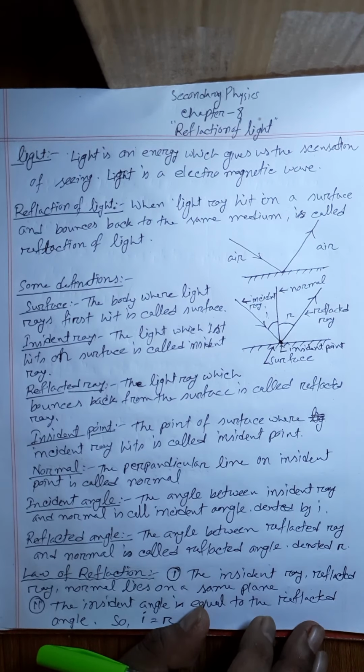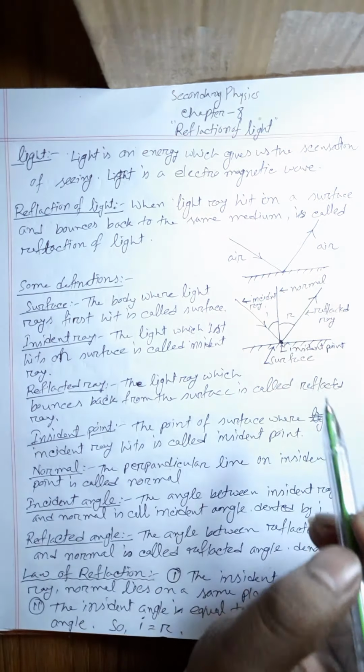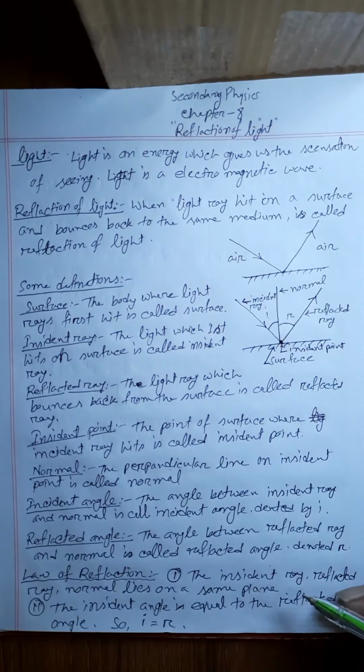So you might have understood the characteristics of light, and the main characteristic of this chapter is the reflection of light. So this is how the reflection takes place for a light ray. Firstly, we have a recap of this chapter again. First, light.